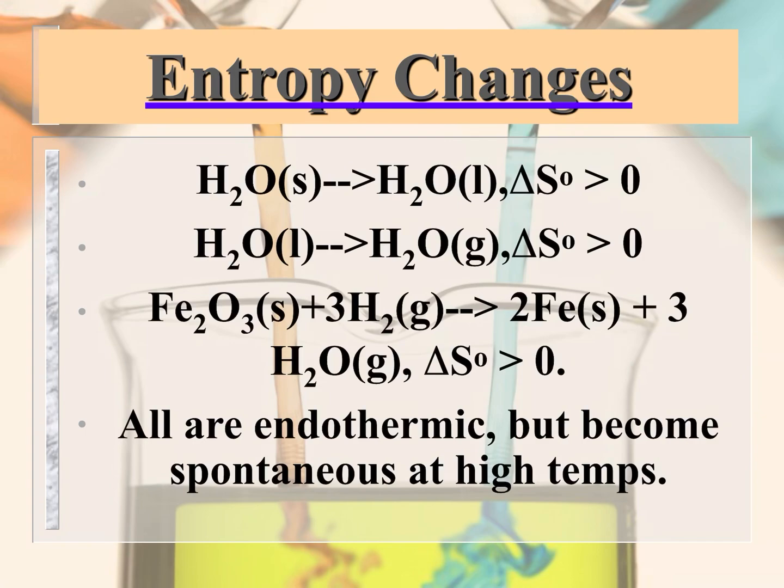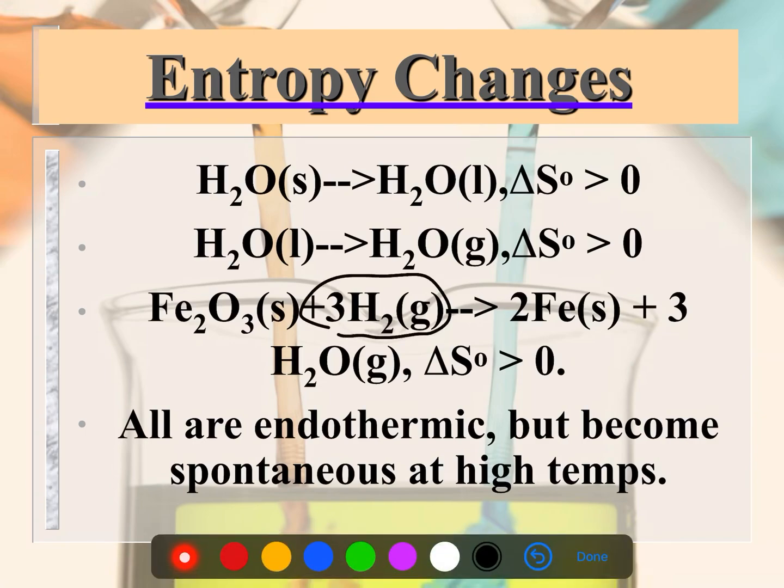Now, how would you know that that delta S is positive? Because you have 3 moles of gas on the reactant side, and you have 3 moles of gas on the product side, so the moles are equal. But the difference is, when you have a hydrogen molecule, you have a hydrogen and a sigma bond connected to the other hydrogen.